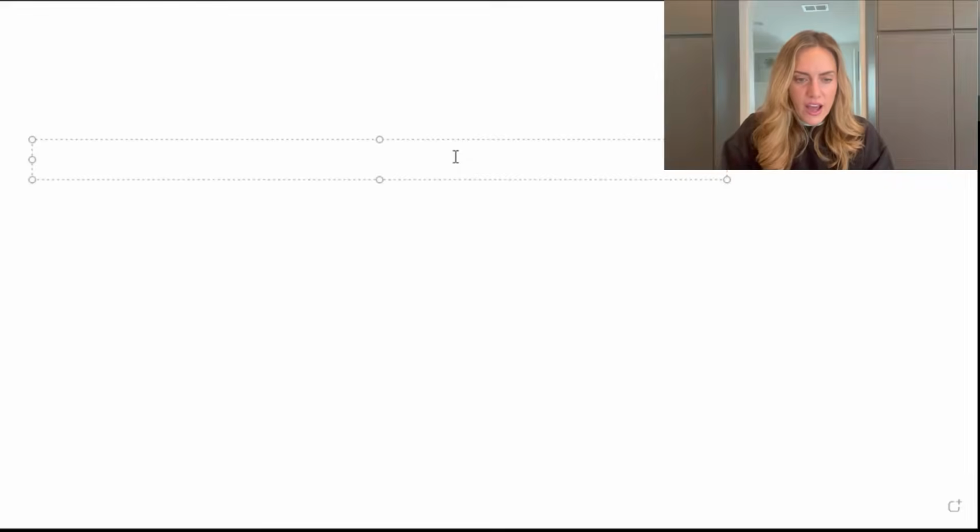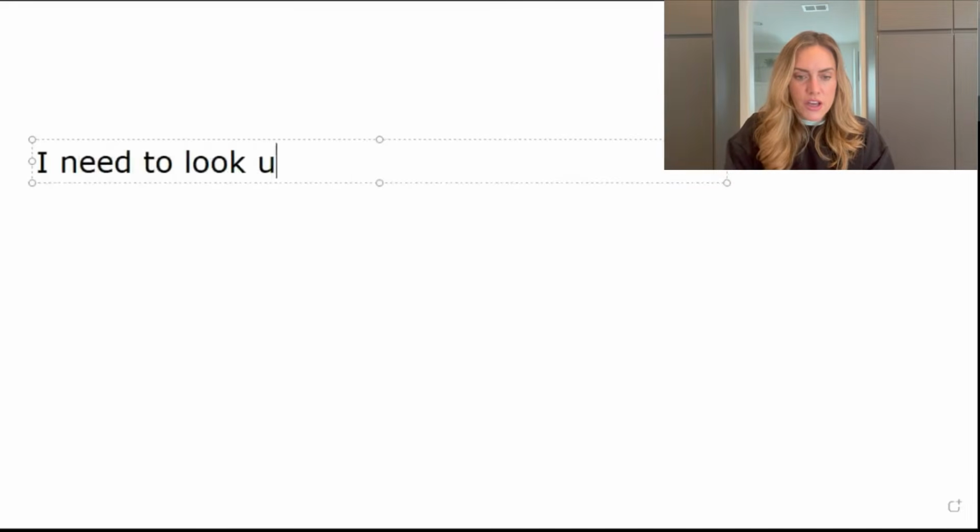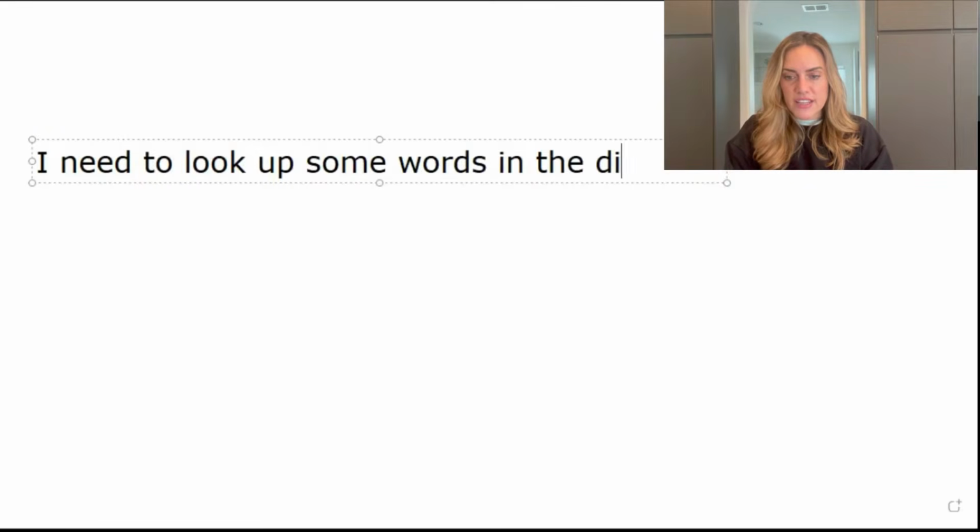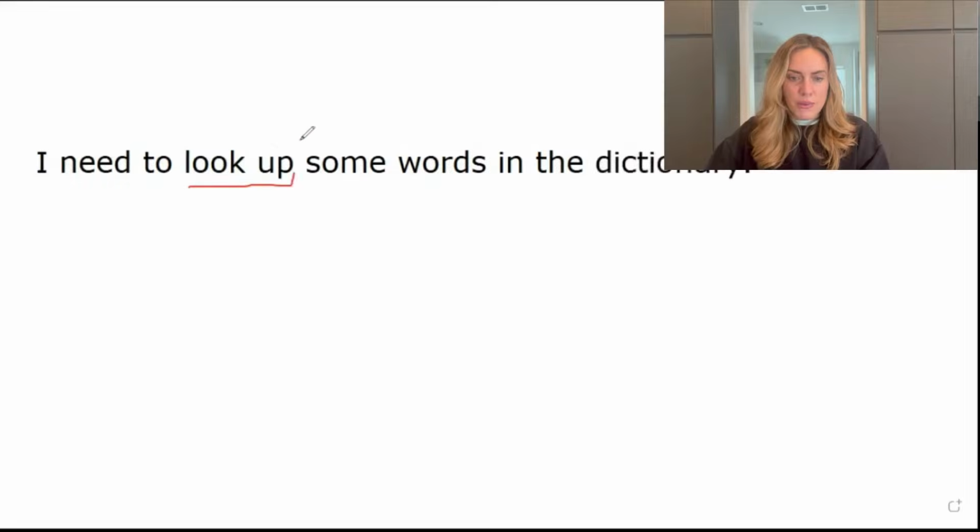Okay, let's see. "I need to look up some words in the dictionary later on." Okay, here's my sentence: I need to look up. Look up is the phrasal verb. Here's the verb, and up is the particle. What does it mean to look up? Look up means to check the dictionary for a word and check the definition, or check whatever you want to find.